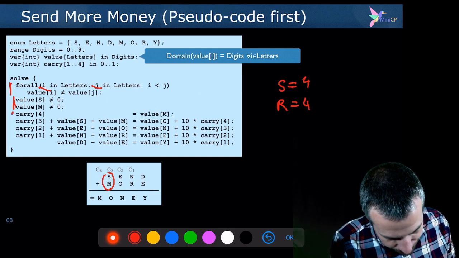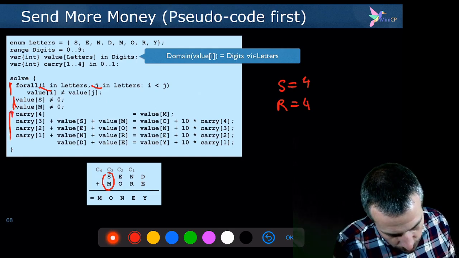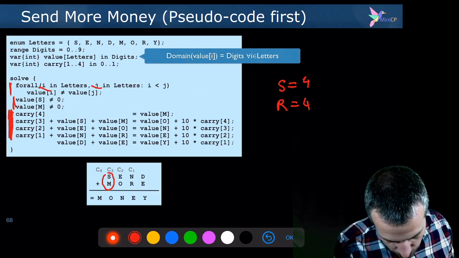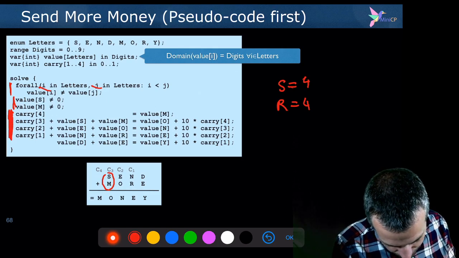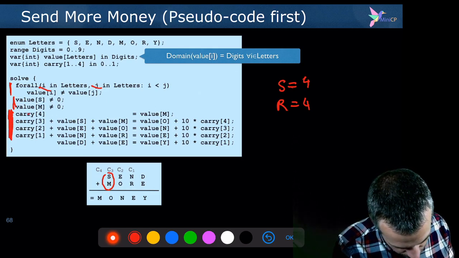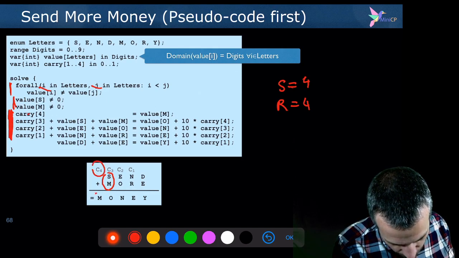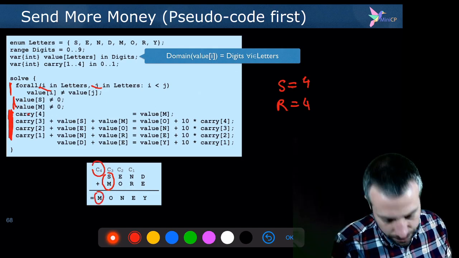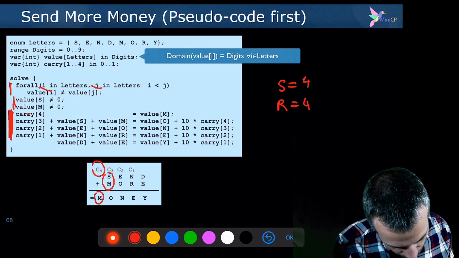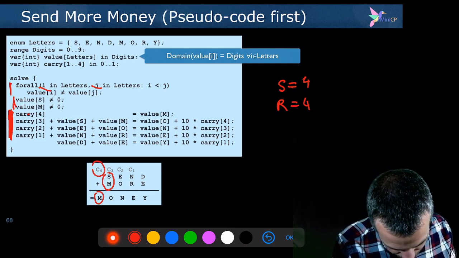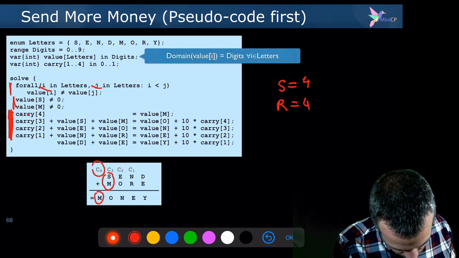For the carry, then you have the addition rules. Let's consider the carry 4. The carry 4 must be immediately equal to the value, the variable M, of course. And then you have the addition rules.